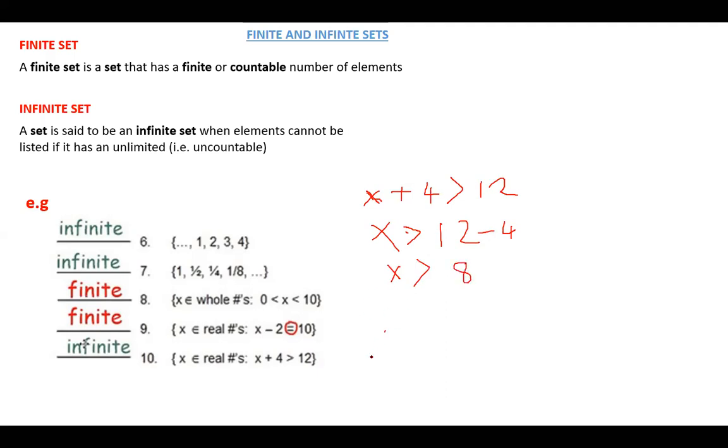So when you're writing this, you write it like this: (8, infinity). So this is an infinite set. You cannot manage to count the numbers that are greater than 8. Yeah. So we proceed.